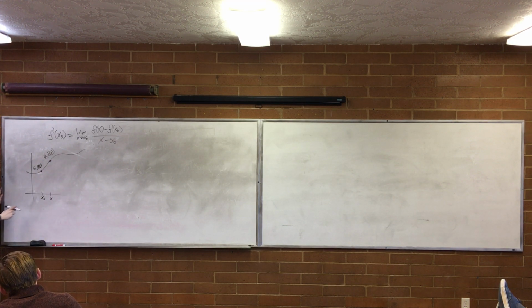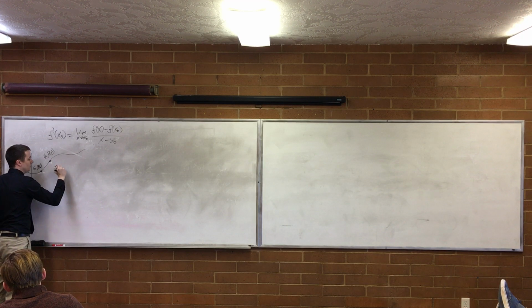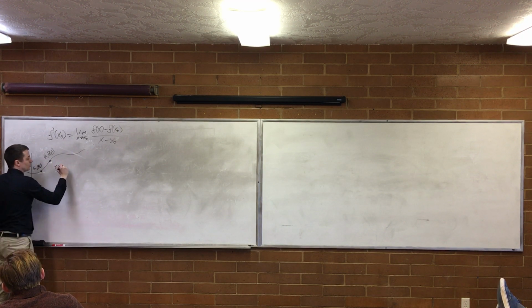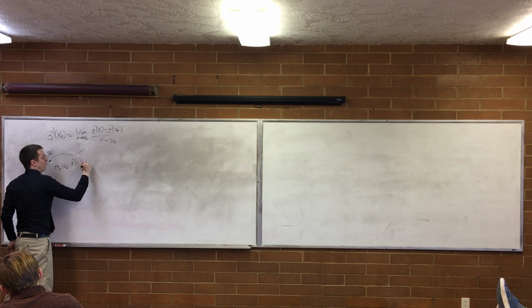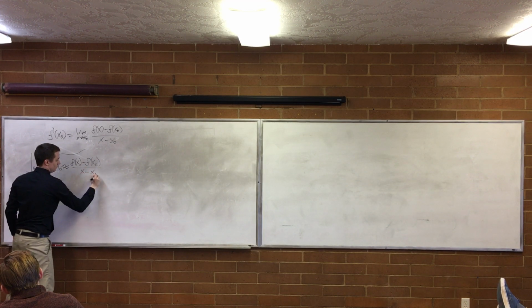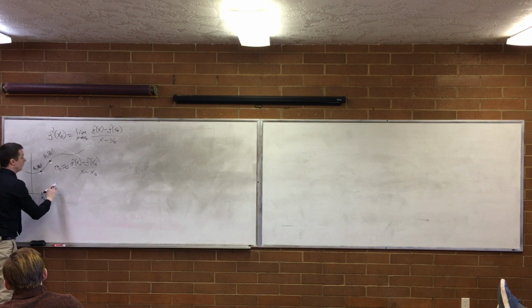Now, the slope between these two points is rise over run. So the slope m naught, I'll do m naught for the slope at x naught, is going to be roughly the rise over the run. Now, where's your tangent line?